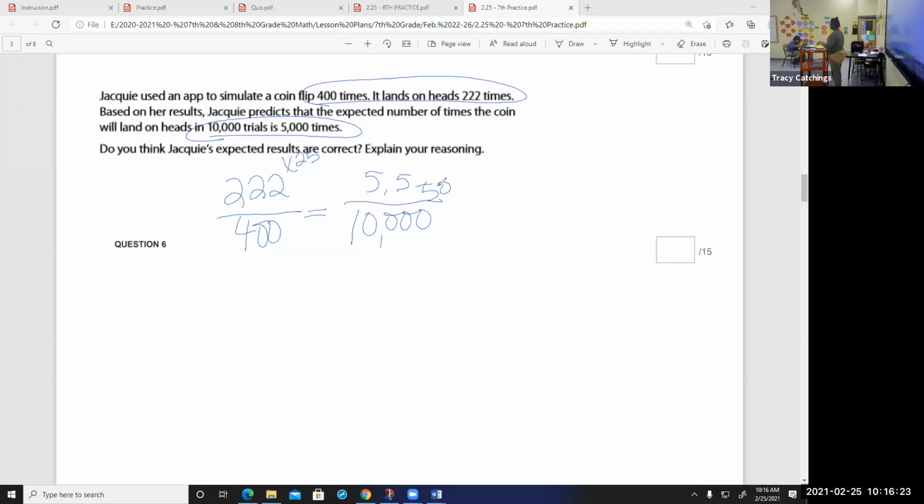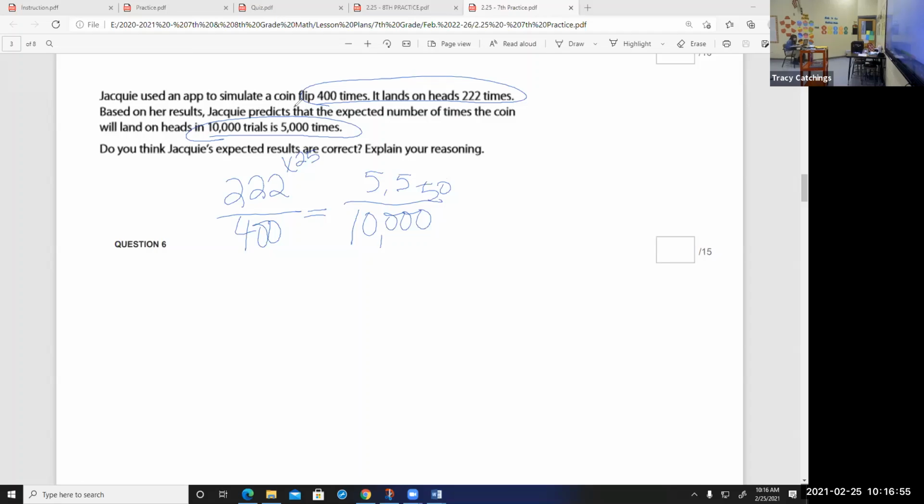Did she predict correctly? No. What do you know about 400 and 222? Outside of being even, what can I round 222 to? 200 is what to 400? Half. What's half of 10,000? 5,000. So can I now say that she's correct?